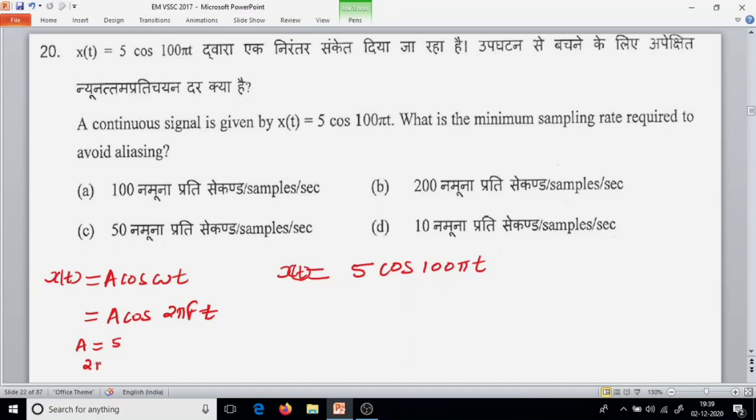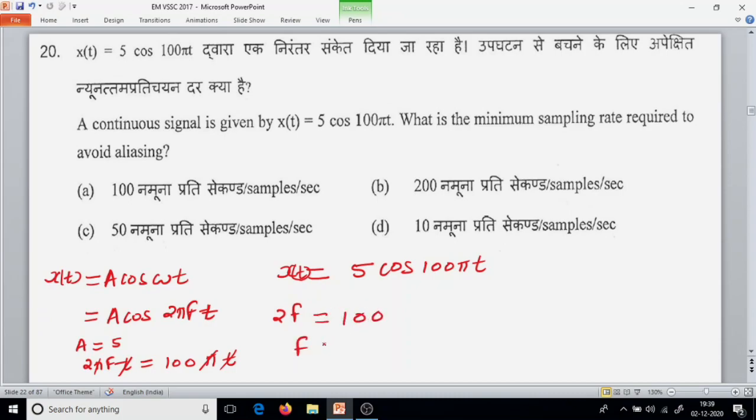2 pi f t equal to what? 100 pi t. Pi and pi t, we can cancel. So what is left? 2f equals 100.